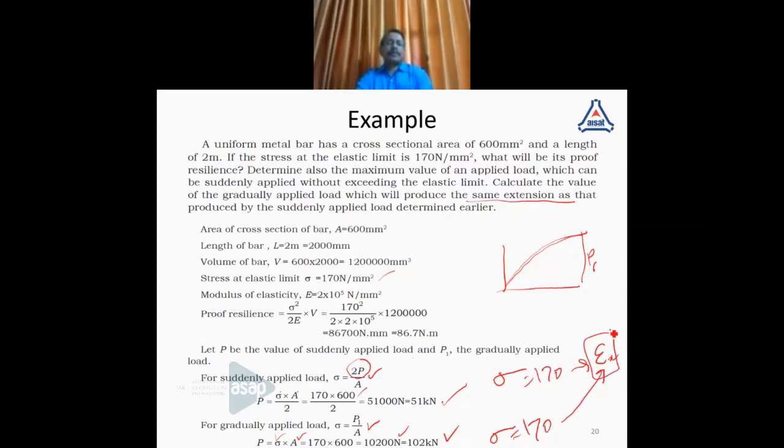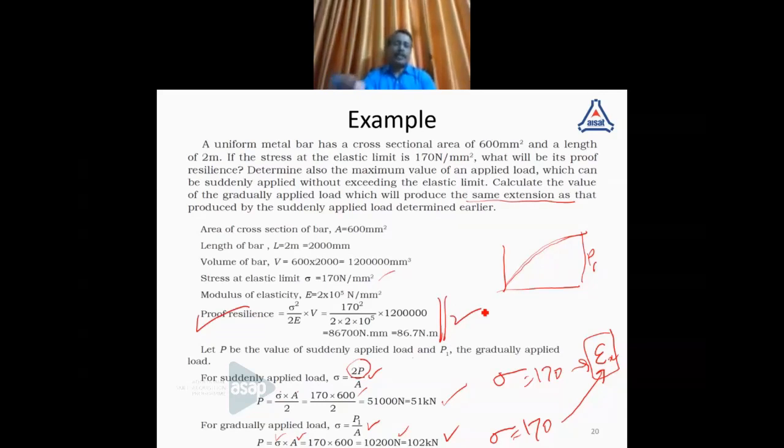So this problem utilizes only the basic principles. The only thing which we use here is the proof resilience, the strain energy density. That expression alone is used. There is nothing related to what we call the strain energy methods. That we are coming to.